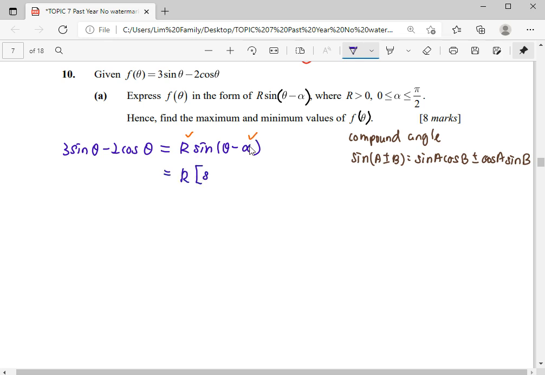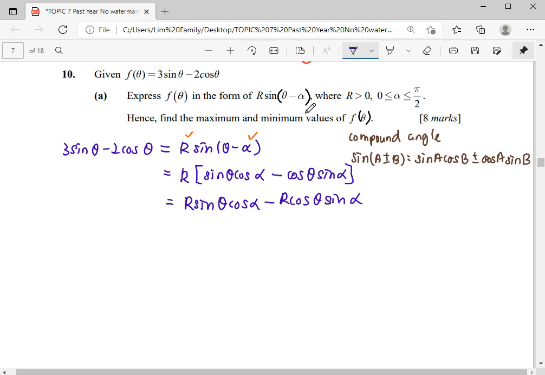This formula will give us sine A, which is theta, and then cos B, which is alpha, operation minus, and then cos A, which is theta, and then sine B, which is alpha. So we expand with R together. R will times the expansion of this compound angle. It will equal R sine theta cos alpha minus R cos theta sine alpha.